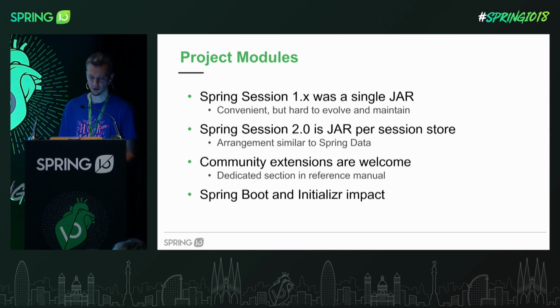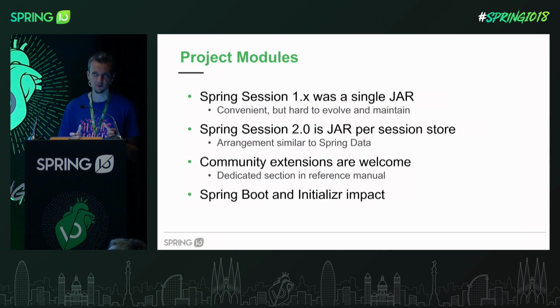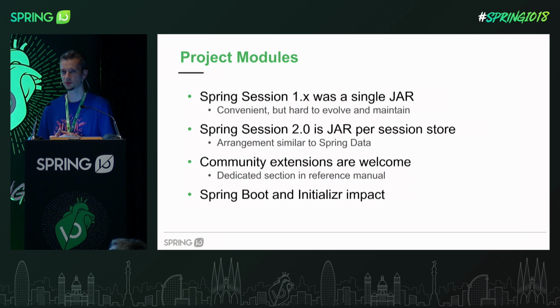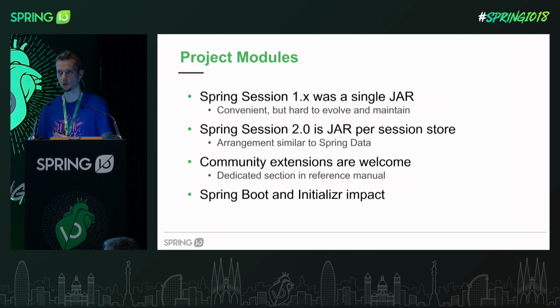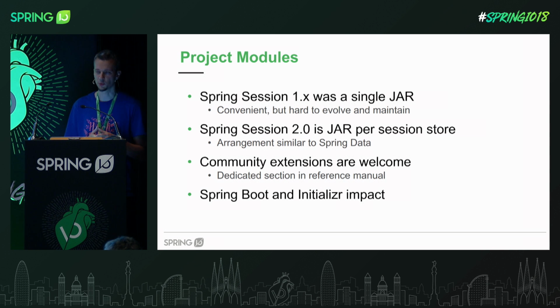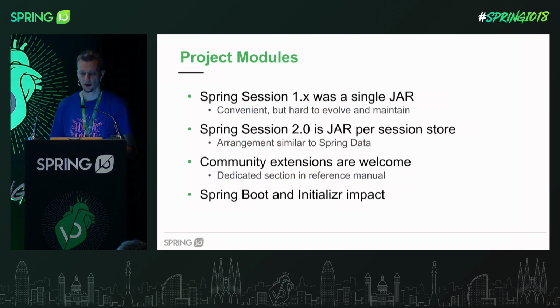Okay, project modules. So those of you who used Spring Session 1 are probably aware that the project structure was such that it was a single jar arrangement. By that, I mean that all the Spring Session core APIs, all the Spring Session repository implementations, they were all placed in the same jar, right?